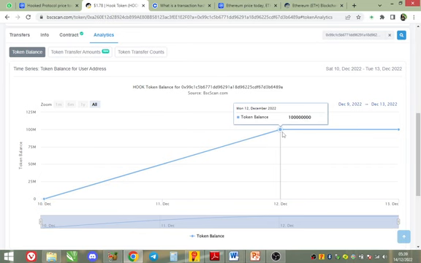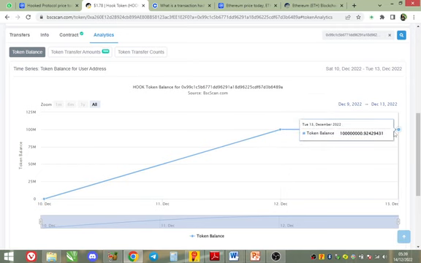Let us count: one, two, three, 100 million. And as of December 13th, I think he was commissioned more amount of token, either they rewarded him or whatever.